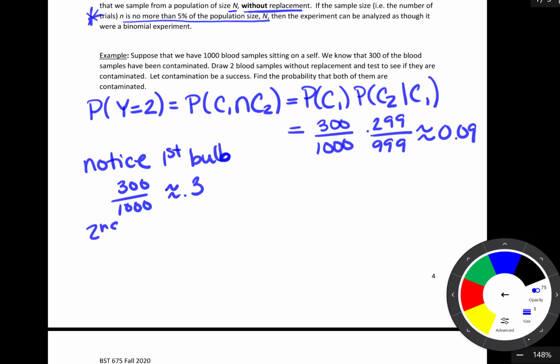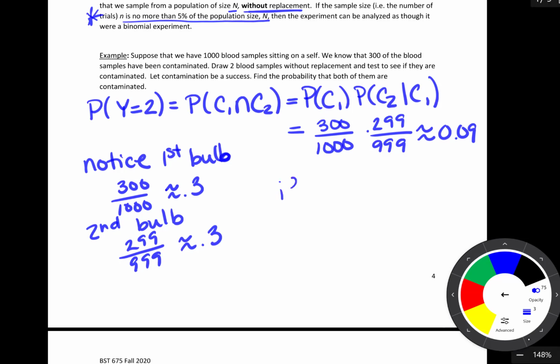And for the second vial, we had a 299 out of 999 chance of being contaminated, which is again approximately 0.3. So from one trial to the next, we have approximately the same probability of success.